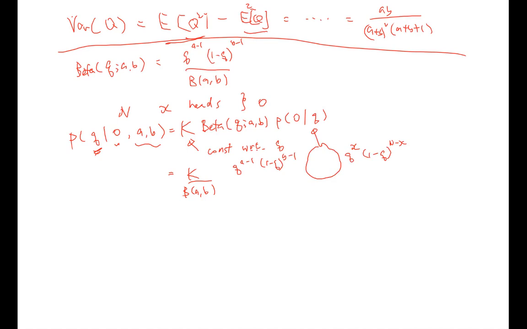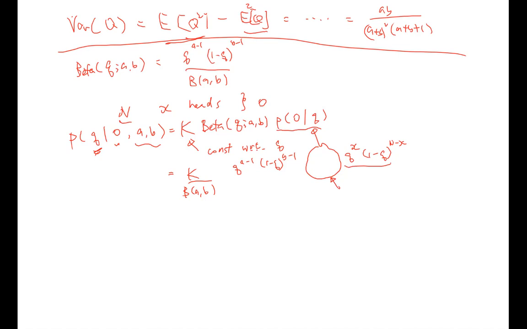Earlier I said 5 heads and 5 tails, therefore my result is correct. But in general, if I toss the coin n times and I got x heads here, then the probability of getting that will be this one, but I need to multiply something, because I have multiple scenarios.